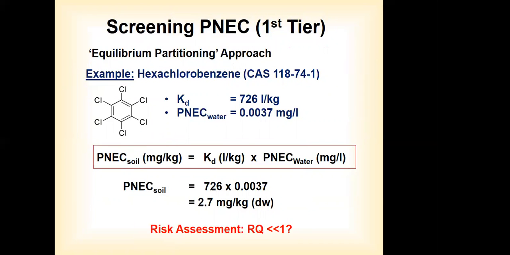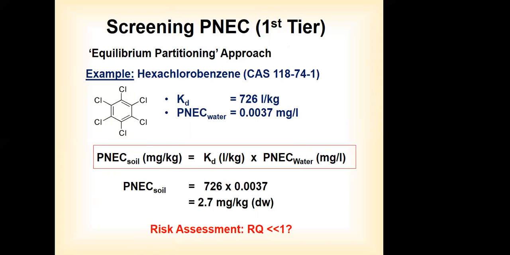But let's have an example of a screening PNEC. This is the example for hexachlorobenzene using the equilibrium partitioning approach. Its KD is 726, that's litres per kilogram, and previously its PNEC in water has been calculated as 0.0037 milligrams per litre. So we can use those two values, the KD and the PNEC in water, to calculate a PNEC for soil.